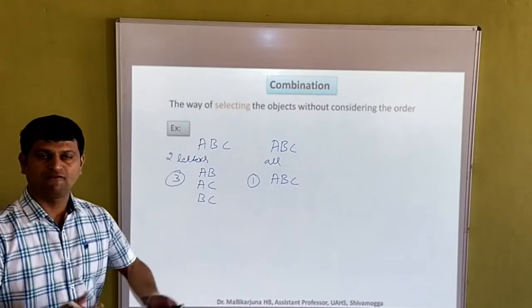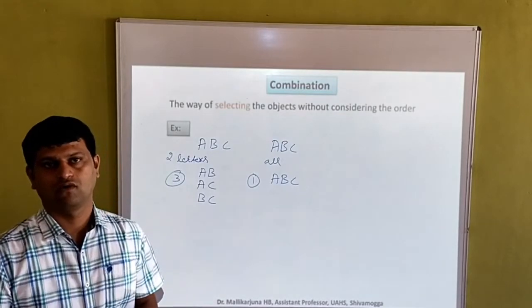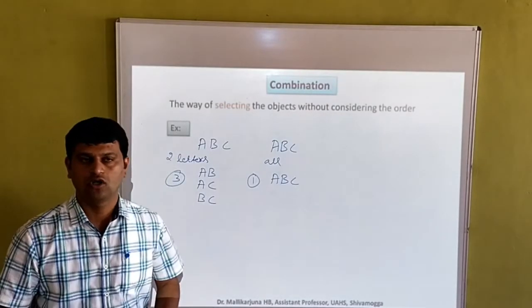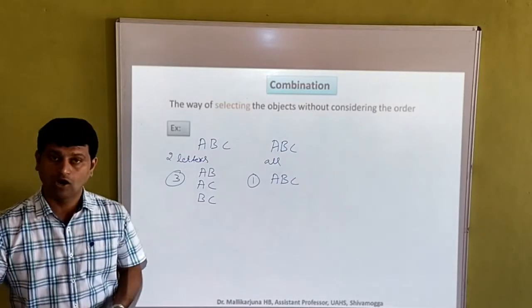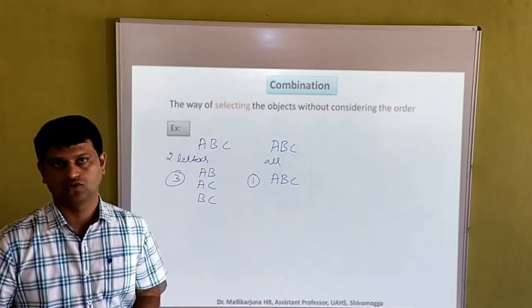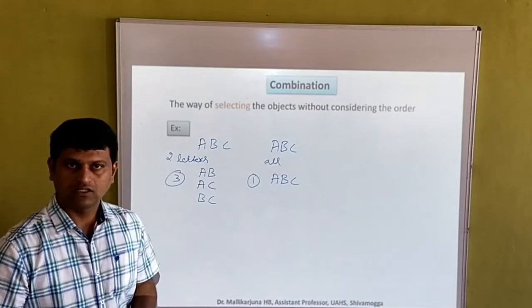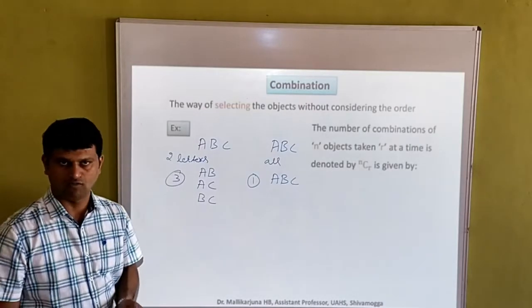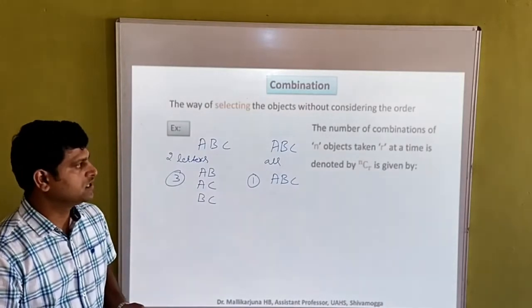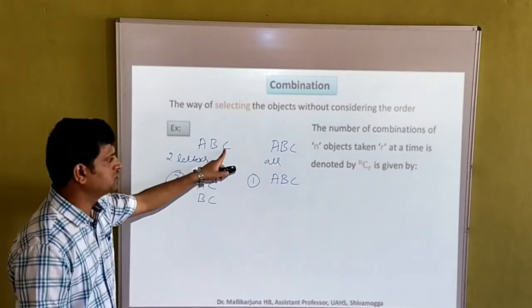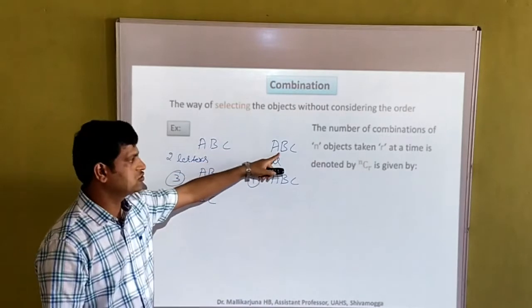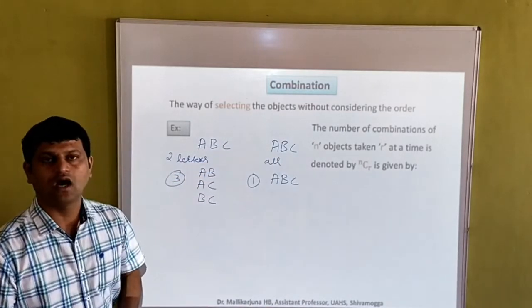If the letters or items are more, selecting the combinations is difficult. To get the answers, we have to use a formula. The formula: the number of combinations of n objects taken r at a time.